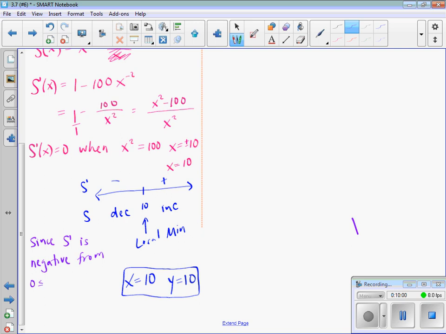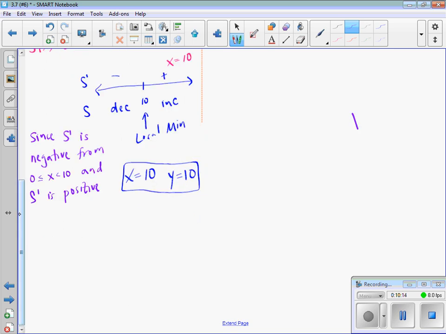0. And S prime is positive. From 10 to what? Yeah, really just when x is greater than 10, right?